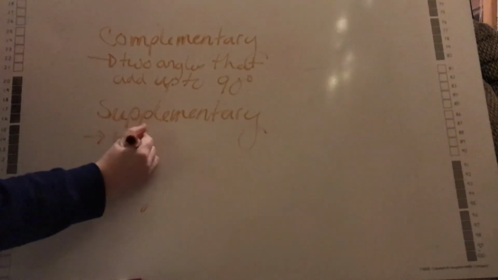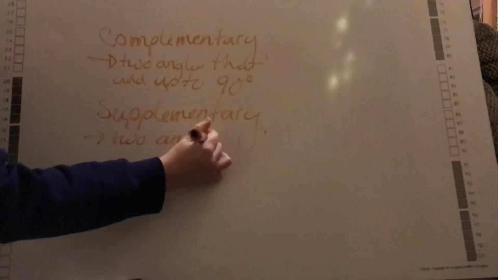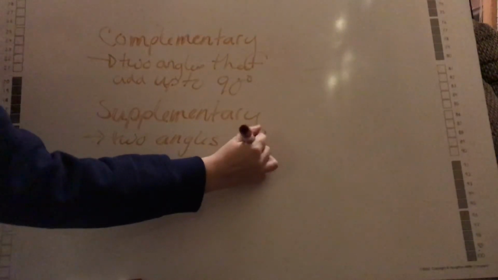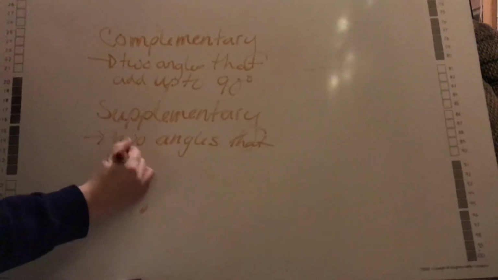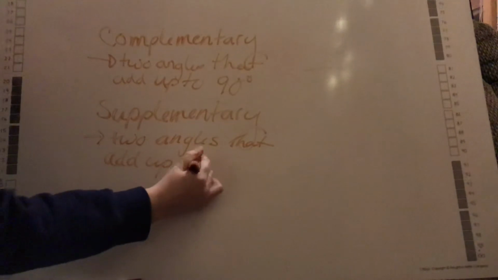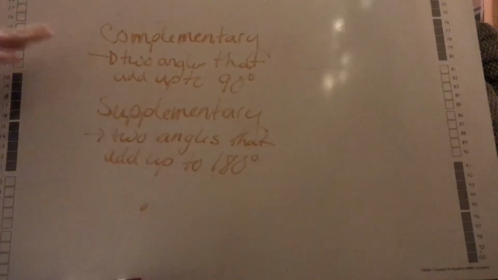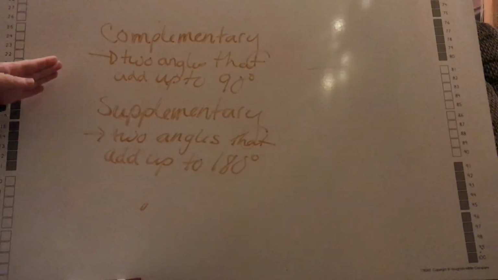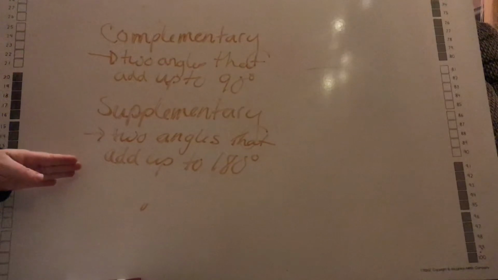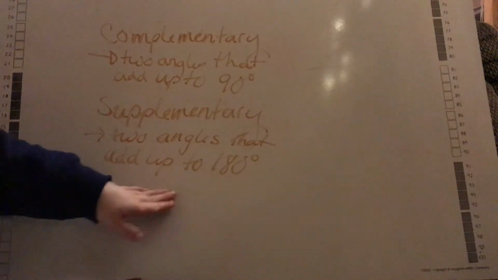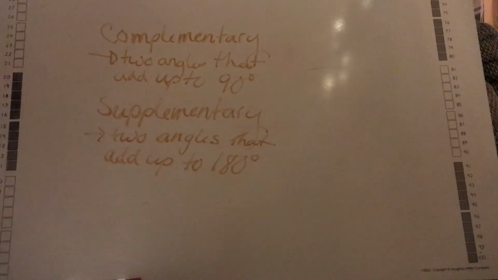Supplementary is two angles that add up to 180 degrees. So this is two angles that when put next to each other would make a right angle, and this is two angles that when put next to each other would make a straight line. Okay, please make sure you write these definitions down.